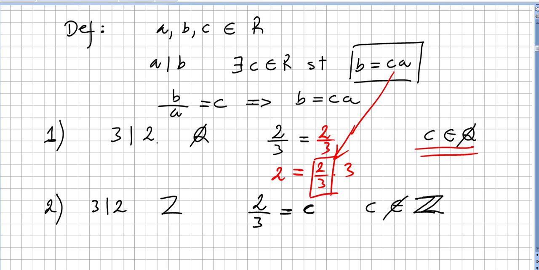So 3 divides 2 in the ring of the rationals, but 3 does not divide 2 in the ring of the integers, because here you cannot find any C in the integers that multiplying by 3 you get 2. The only one would be 2/3, but 2/3 is not an integer.